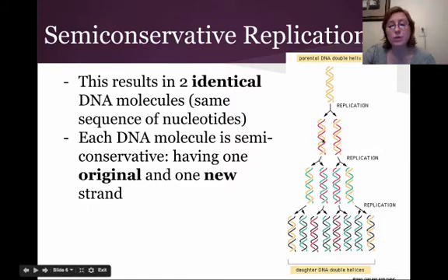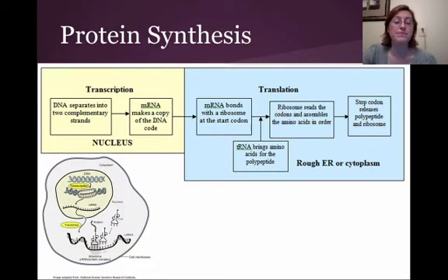So that's why you see one half is yellow and the other half is red, and the red represents the newly synthesized strand. So each of the two resulting DNA molecules are going to have one original strand and one new strand. So now we know how we're able to pass on that information from cell to cell and generation to generation.